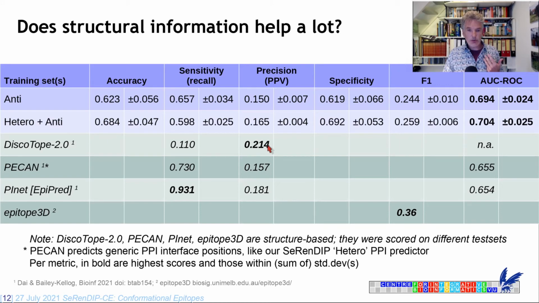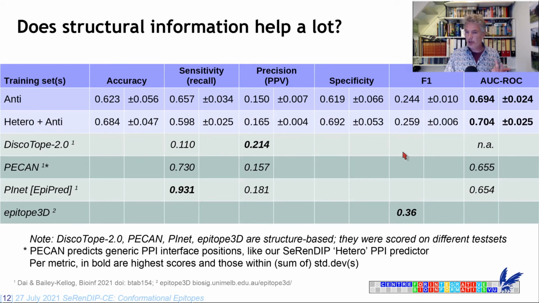And then we can make a nice comparison, and you can see that PINet, their epitope trained PINet, does very well in sensitivity, a bit less in precision. And then Discotope does very well in precision and a bit less in sensitivity. Now, the previous talk, at least if the program hasn't changed between now and the conference, was on Epitope 3D.